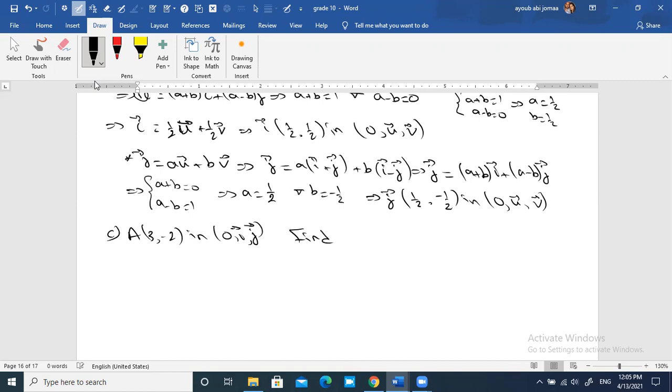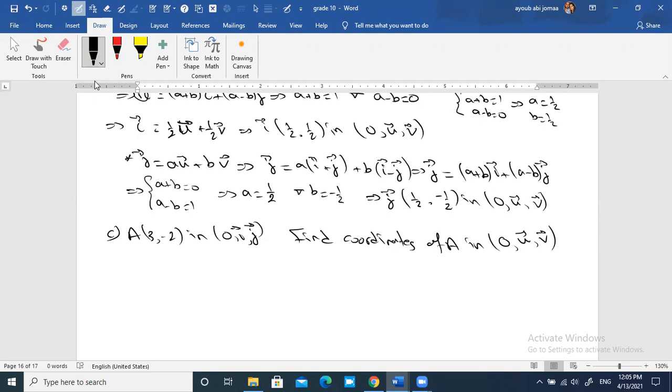Find the coordinates of A in the system O, what is it called, UV. What do you have to do? I have to use the rule.